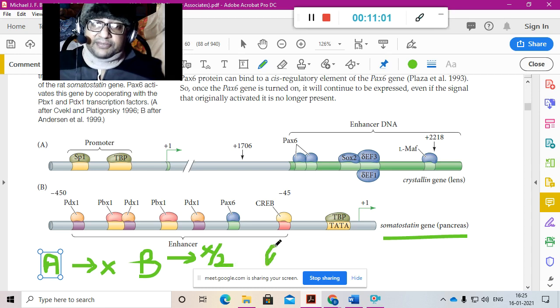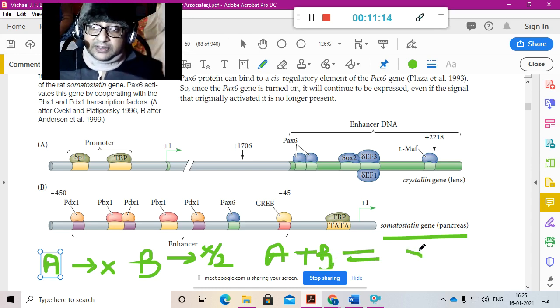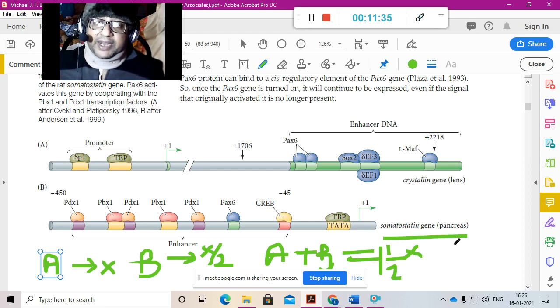But when you add A plus B, if the effect is additive, then the enhanced expression level becomes 1.5x, that is 3 by 2x. But when it is a synergistic effect, A plus B perhaps becomes 100x.